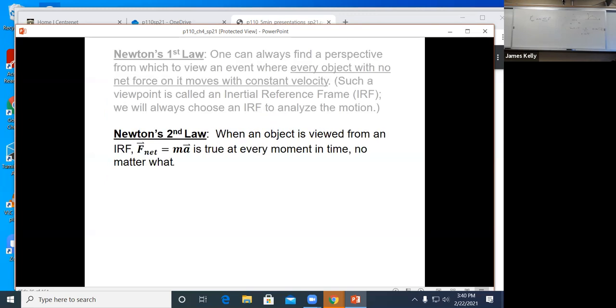All right, now that we know what mass is, we can talk about Newton's second law precisely.